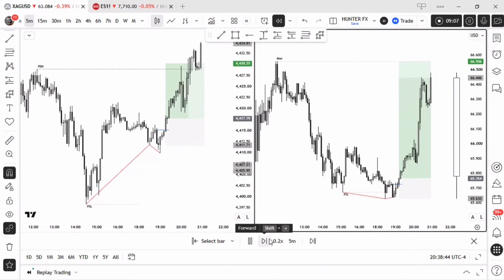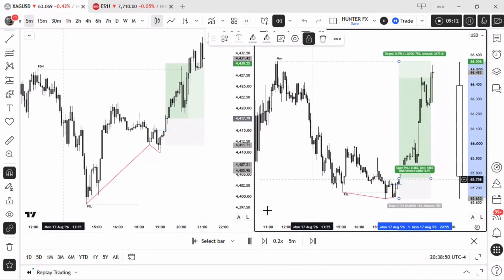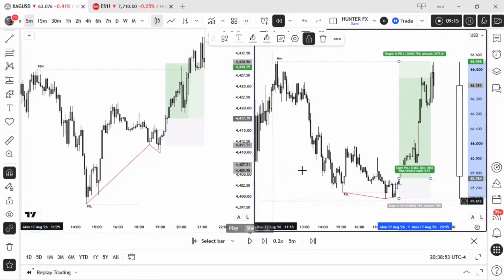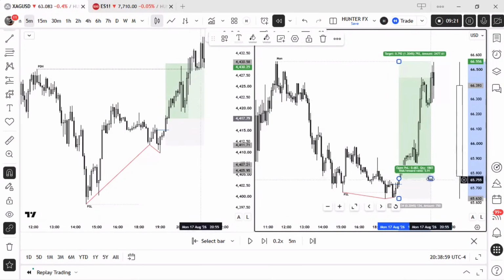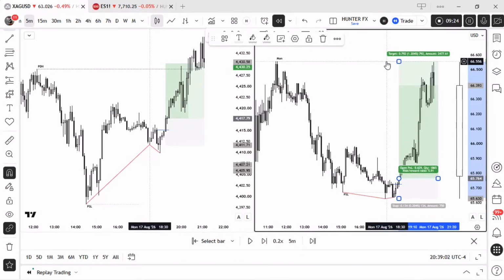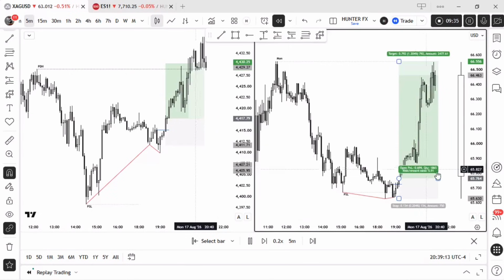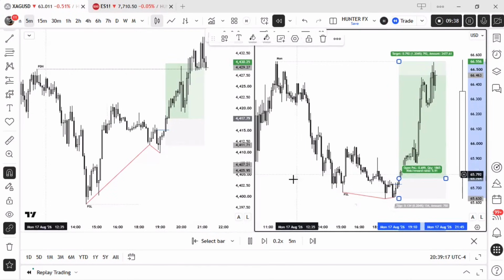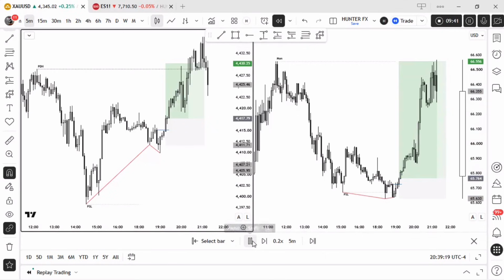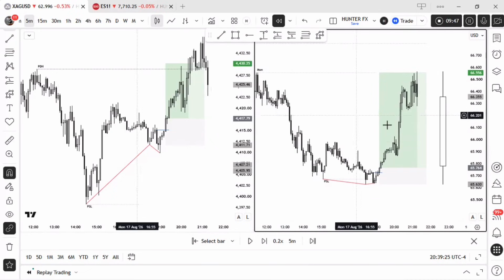We are about to hit TP on silver. Let's see if we hit our TP on silver. Gold is already finished, TP hit. So that's a nice trade right there.